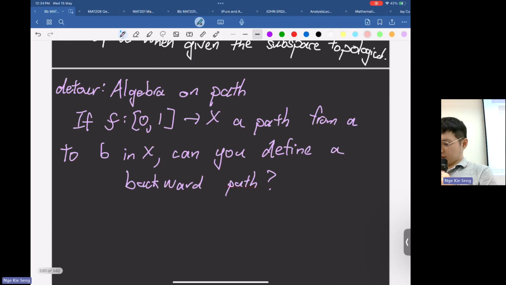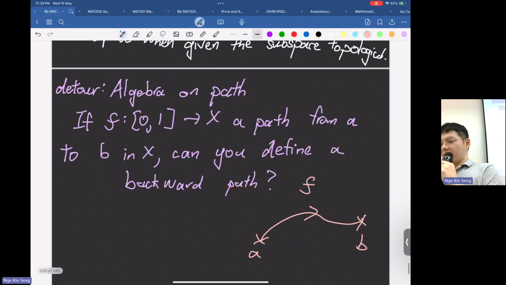So let's say you have a point A here, B here, and then you have an F going forward. Can you define a backward path? How?